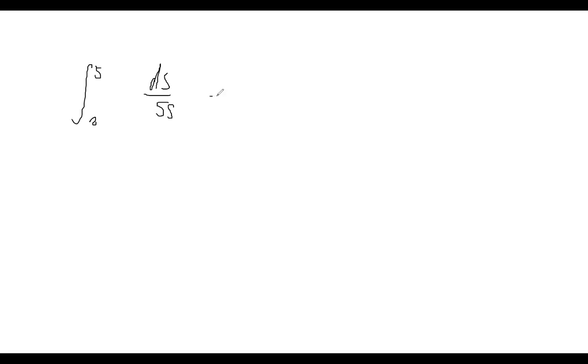So if we simplify it, let's take out the 1/5 since there is a 1 there, so 1/5 is the constant and ds over s. So that will equate to 1/5 ln s.